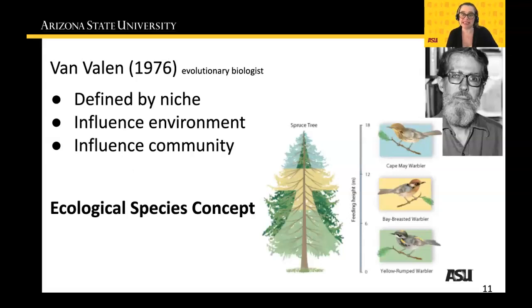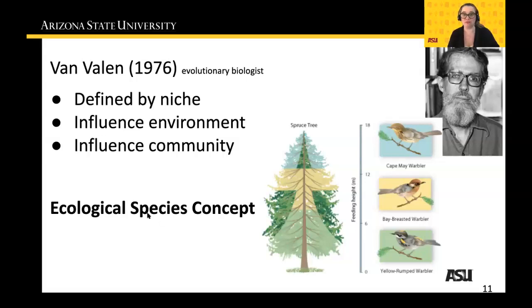Each of these species is influenced by the environment of the tree. They each have different resources that they use to survive. They have different foraging behaviors and mating behaviors, and they adapt to eating different organisms found on the tree in the different locations.